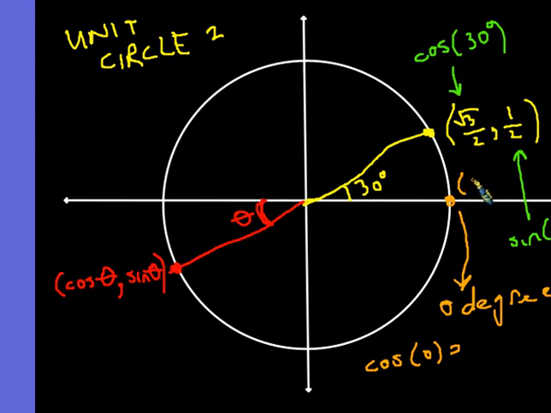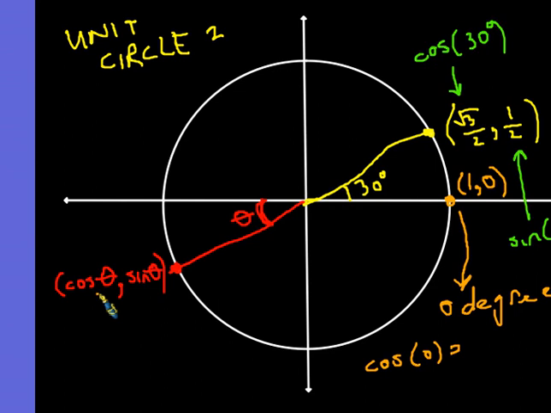The value of x is 1, and the value of y is 0. Remember, this is a unit circle, so the radius is 1. As far as x is concerned, we've gone out 1, and as far as y is concerned, we're on the x-axis, so we've gone up 0. So 1 comma 0. The cosine must be the x.